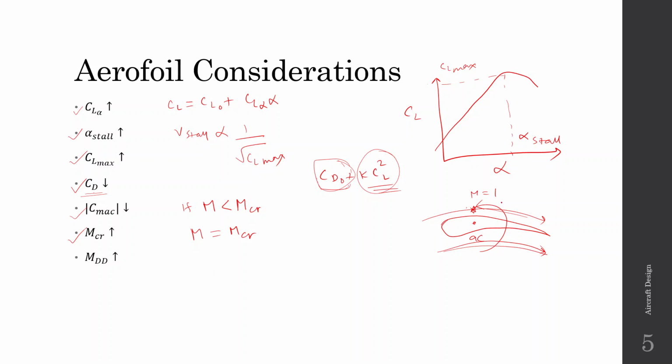I will explain this in detail. And if M is greater than MCR, then there can be many points, or a region, where the flow is supersonic. So in essence, the MCR, the critical Mach number, is the upper limit where you can fly without encountering supersonic effects. So we want this to be on the higher side, because then we can fly at higher velocities.